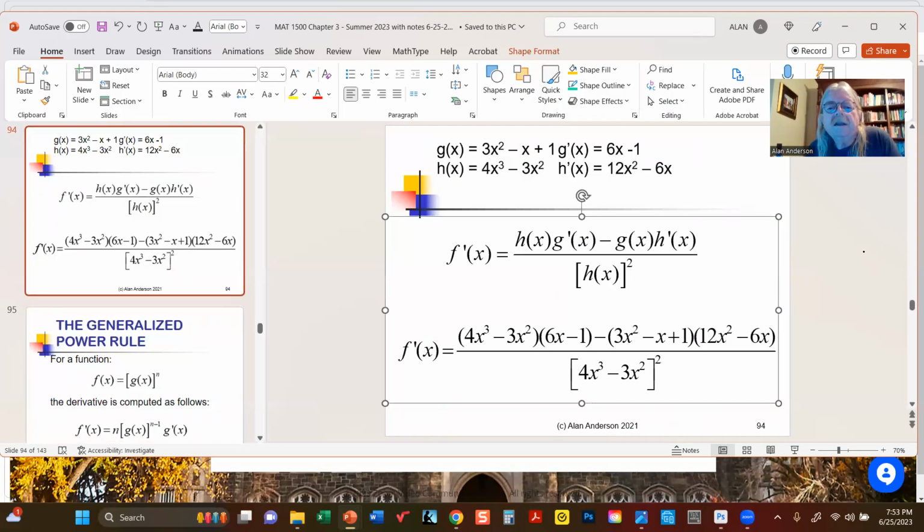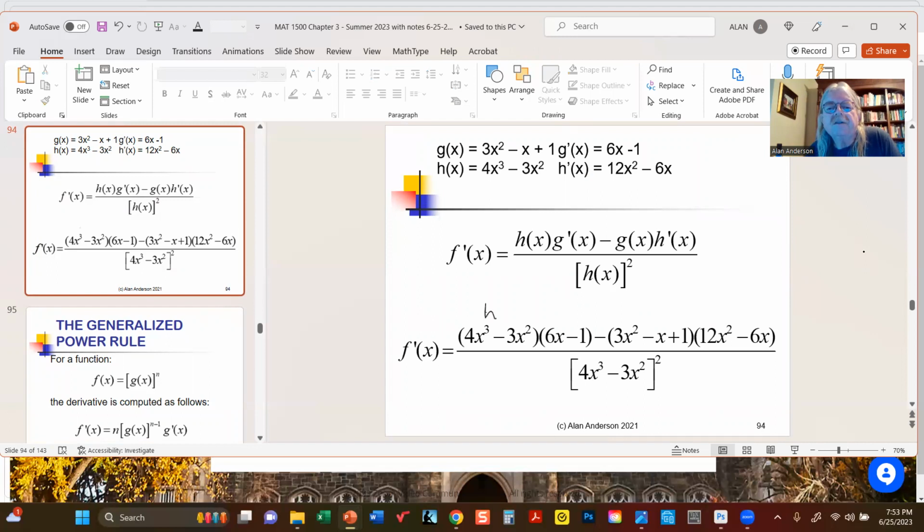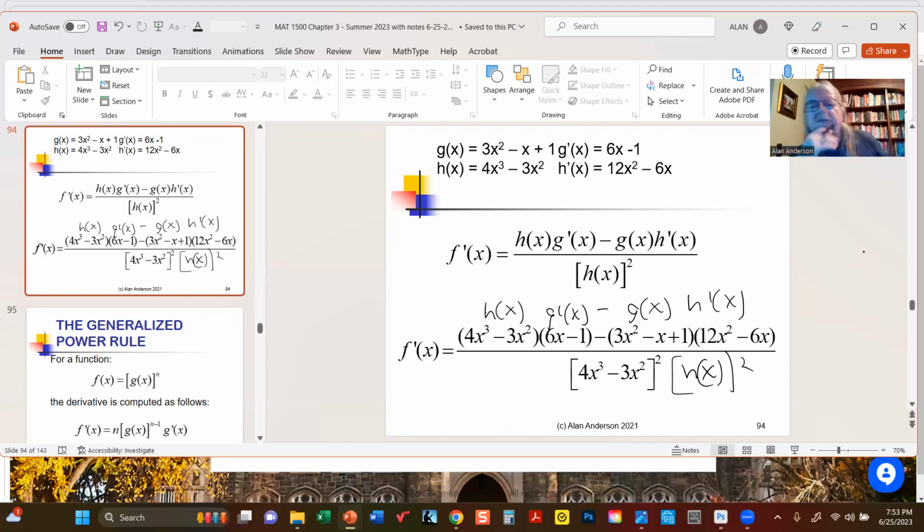So I'm going to plug in. Here is our h of x, g prime of x, minus g of x, h prime of x, all over h of x squared. Now, you'll probably be able to consolidate the numerator.